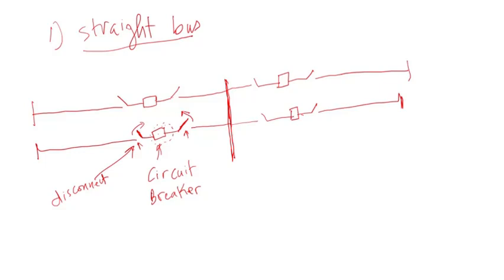But the problem here: let's assume this bus faults. Somehow there's a line to ground fault. So basically this breaker has to trip. This breaker has to trip. This breaker has to trip. This breaker has to trip. Think about this: this is a station, basically a substation.